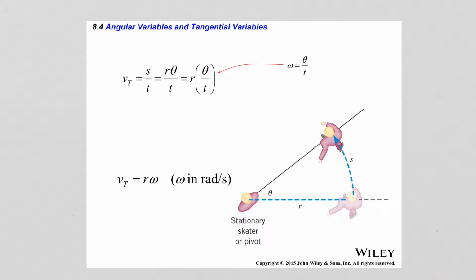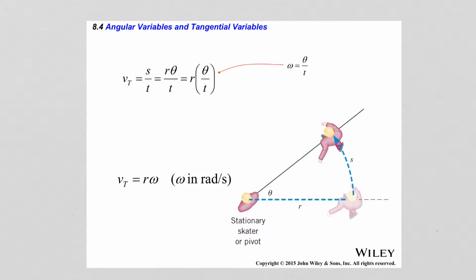So ultimately, we get the result that the tangential velocity of the skater is equal to the angular velocity of rotation times the radius of the trajectory of this skater.